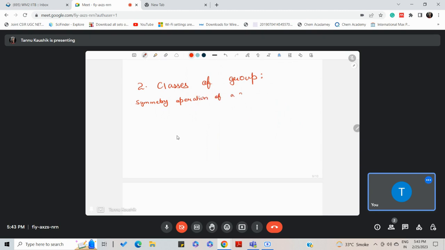Symmetry operations of a group can be classified according to their symmetry properties.